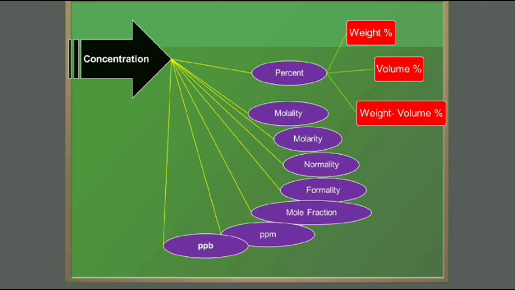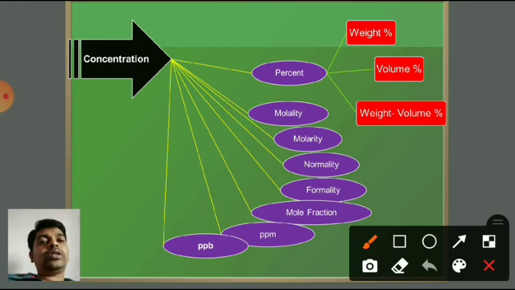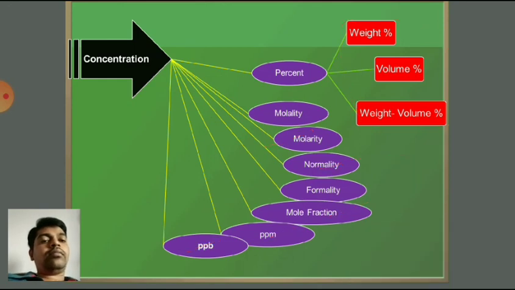Among these, weight percent is frequently used. Then molarity, normality, ppm and ppb, and sometimes mole fractions, are frequently used expressions of concentration in any laboratory. So these are very important expressions for concentration in terms of chemical units.